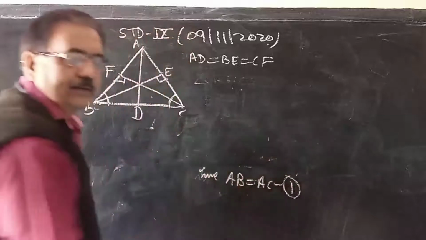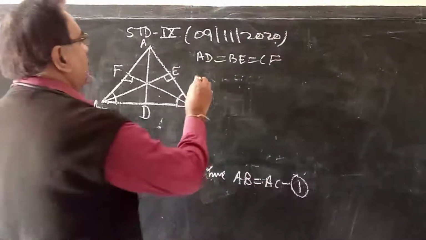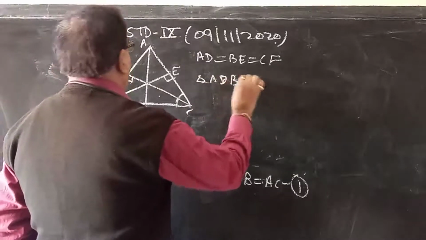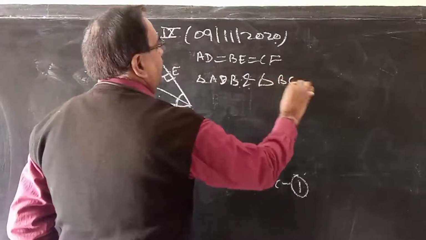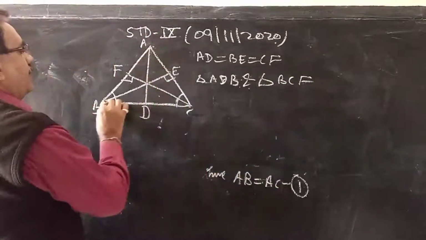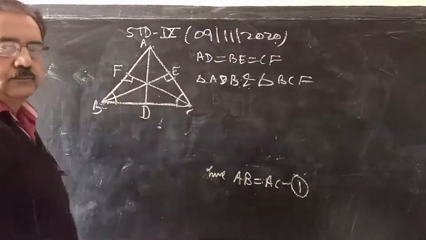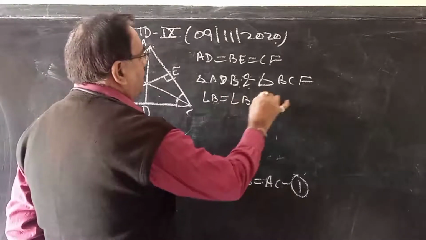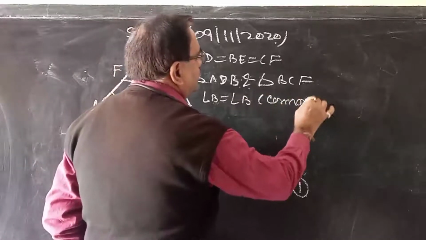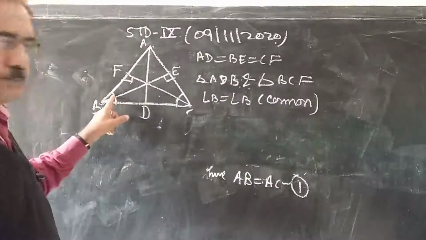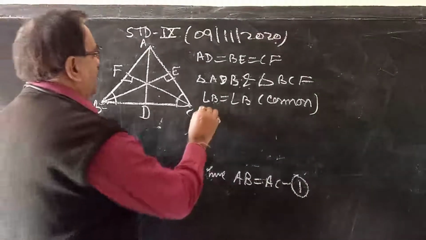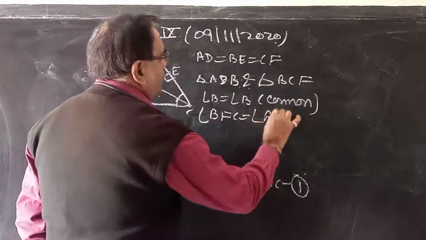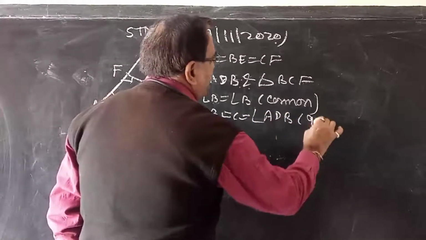Second time, we will take triangle ADB and triangle BCF. This triangle and this triangle. Angle B is equal to angle B, common in both. Angle BFC is equal to angle ADB, 90 degree.